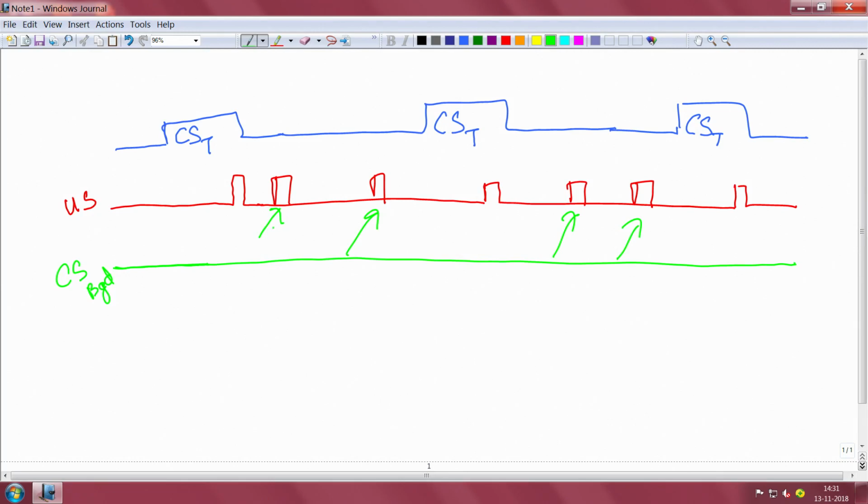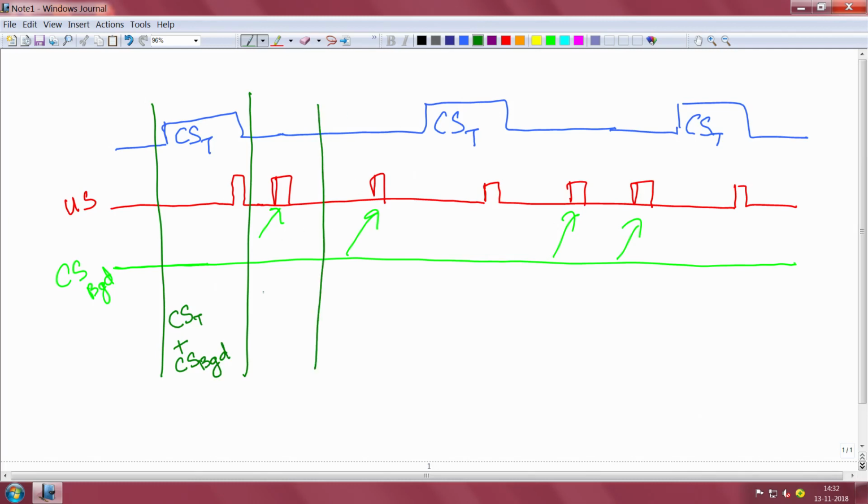As a result, the learning that is happening at these places would be learning due to CS tone plus CS background, while in these places it is just CS background.